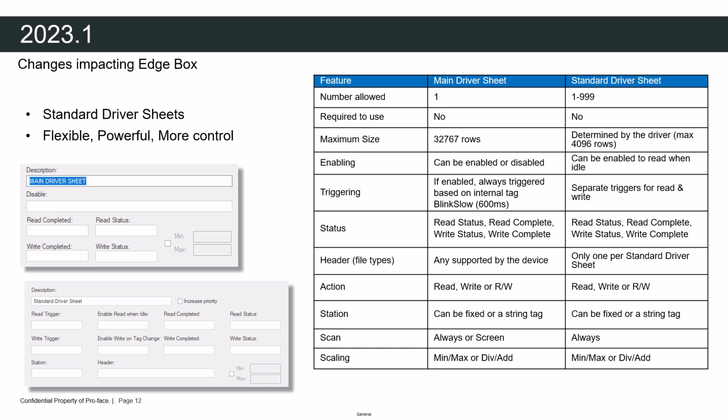Before in the EdgeBox, we were only allowed to use main driver sheets, which gave us some limitations, especially related to, maybe you could think of it in the MQTT driver. Only having a main driver sheet made it a little more tricky to manage. Having the ability to use standard driver sheets for MQTT can help, or for organization purposes for sure. And in general, it gives us more flexibility within the EdgeBox to do different things.